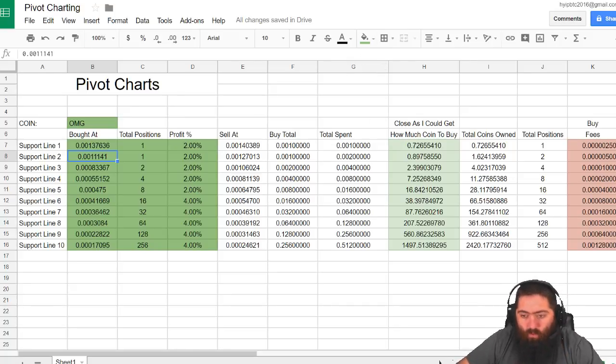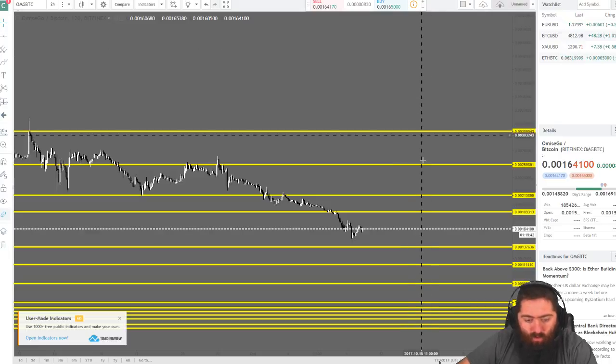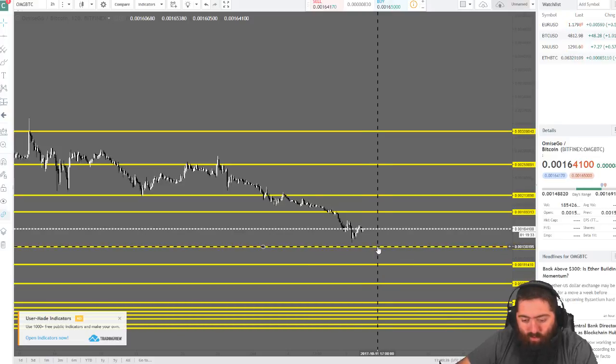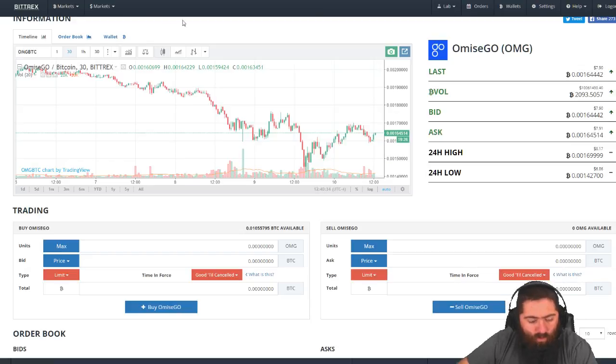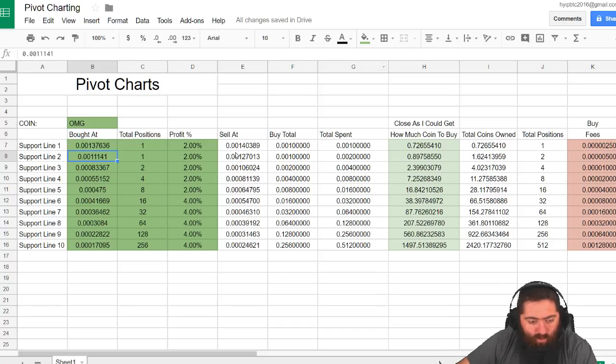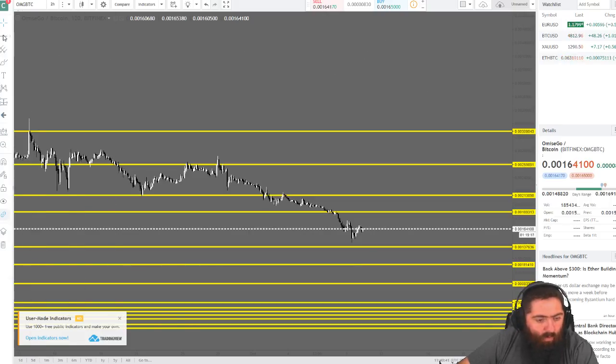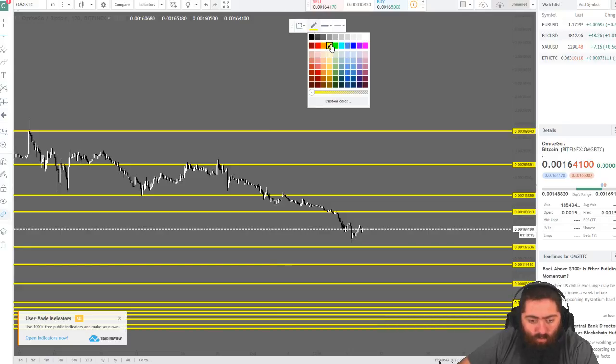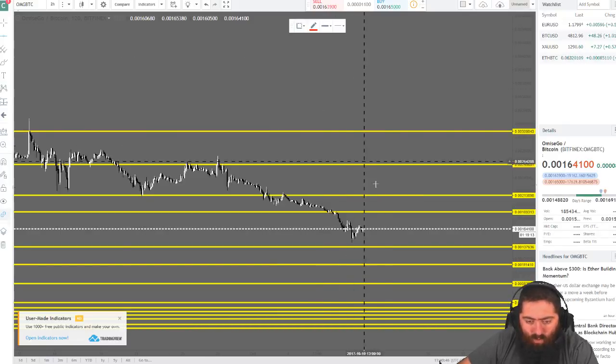Alright, so basically we're going to wait for it to come back down to this line. This would be our buy line. We're going to buy one position. If it comes up, we will know that our sell position is at 14.0389. Let me make another line. We'll change it to red.